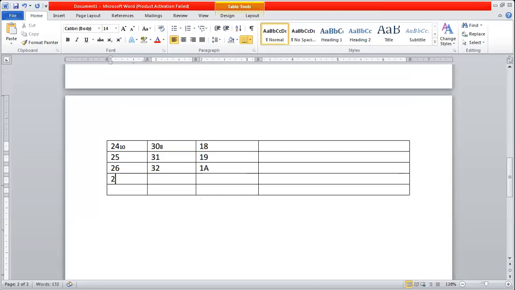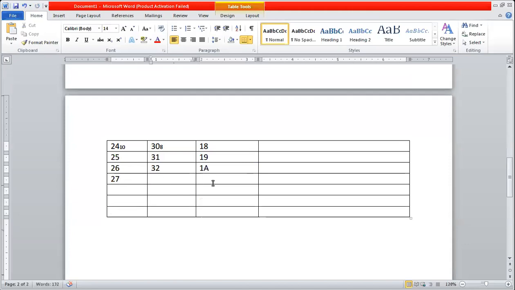Then here I will write 27. Here I will write 33. Then 1B. Exactly. So another 2-3 numbers we will see, and I hope you will come to know everything. 28 here, 34, 1C.